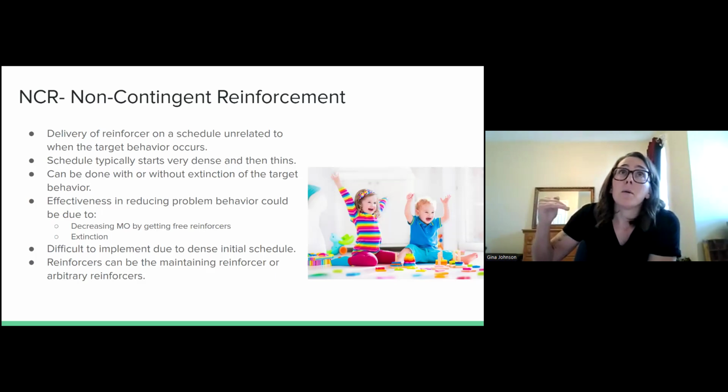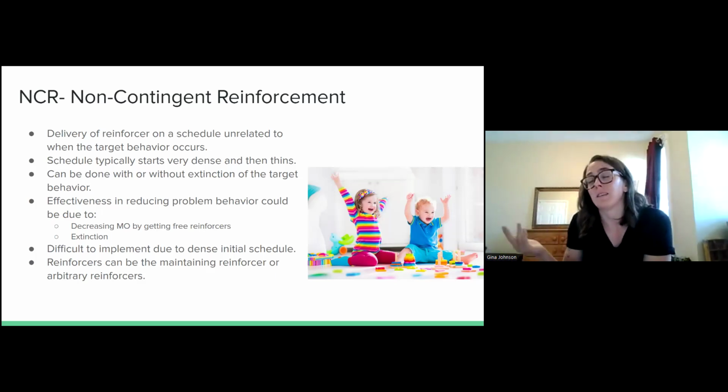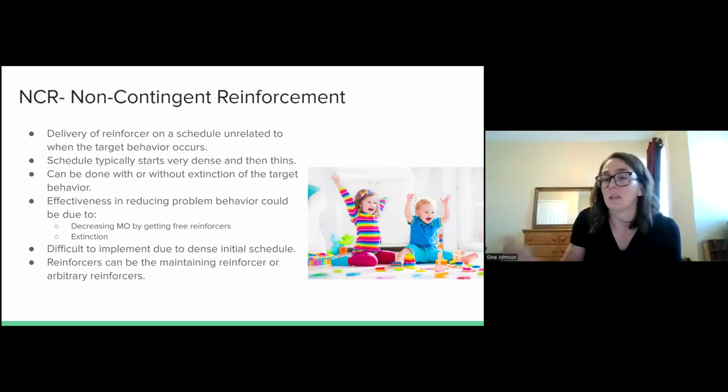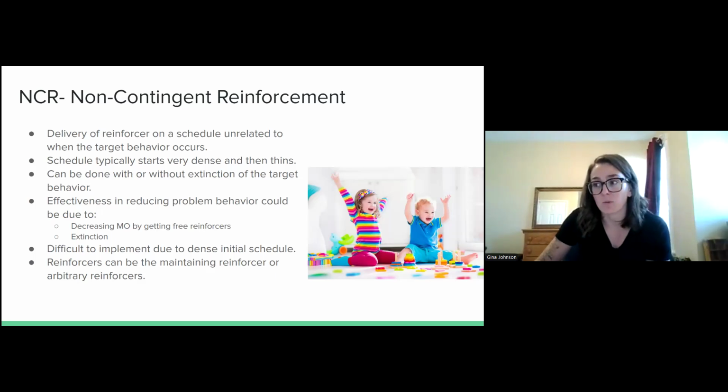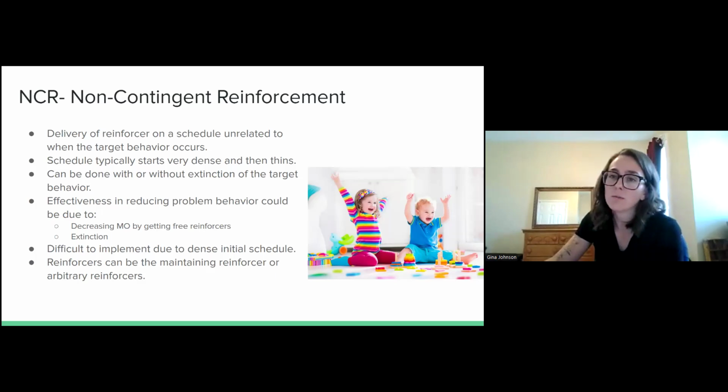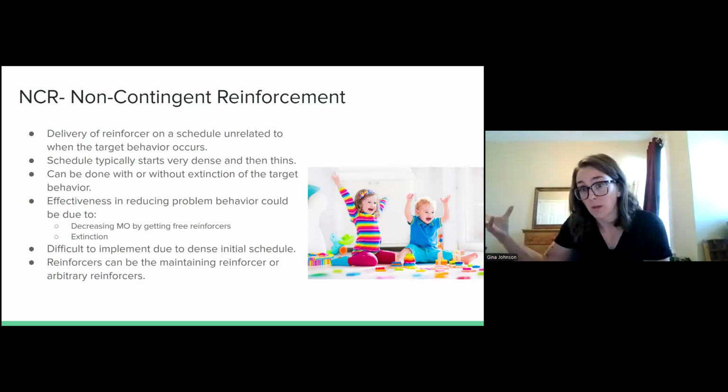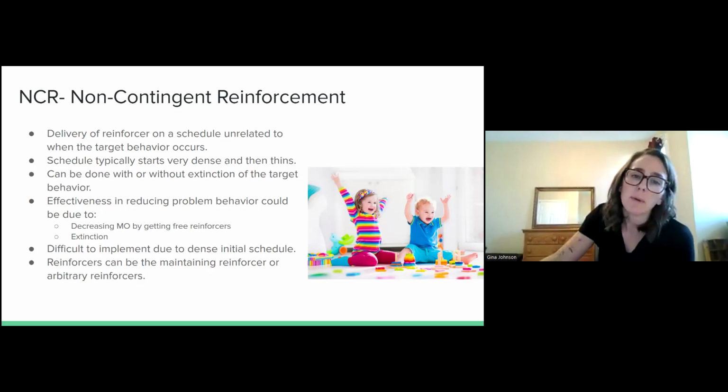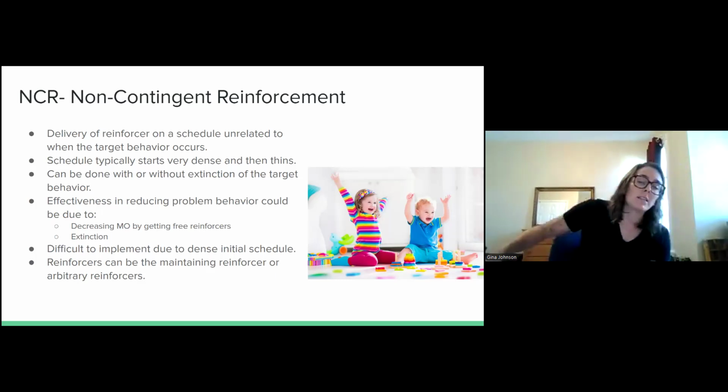NCR can be difficult in cases where it's not indicated. It's pretty difficult to implement, especially when it's problem behavior that you're trying to decrease, because you have to start really dense, right? You need to make sure they're contacting reinforcement more frequently than they are with the problem behavior. So it's difficult to implement initially when it has to be very dense.